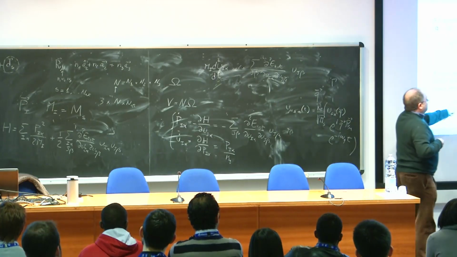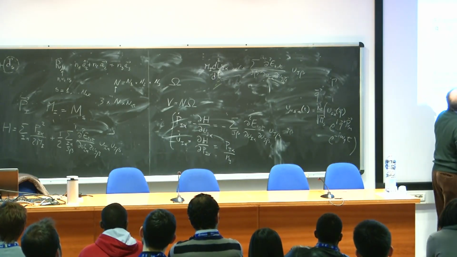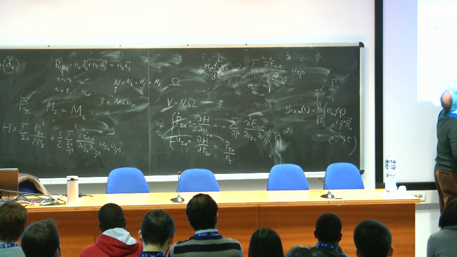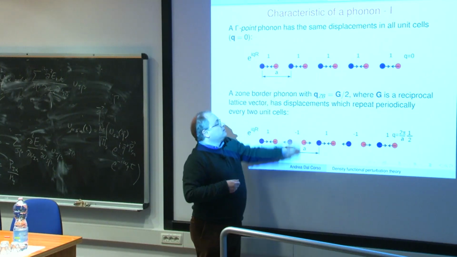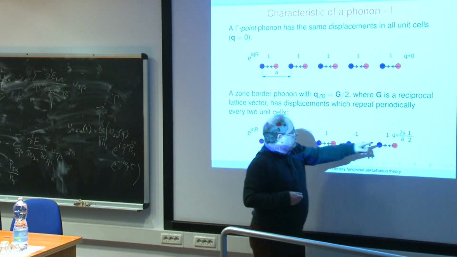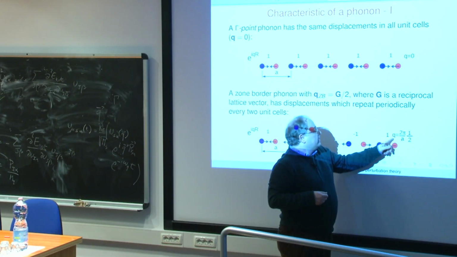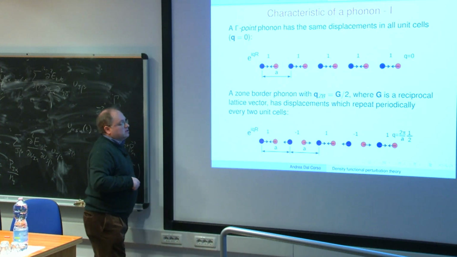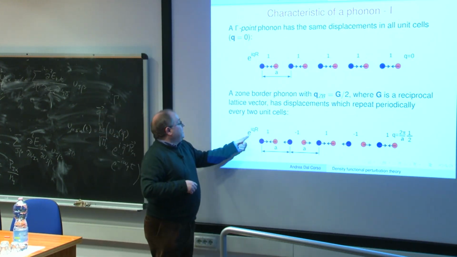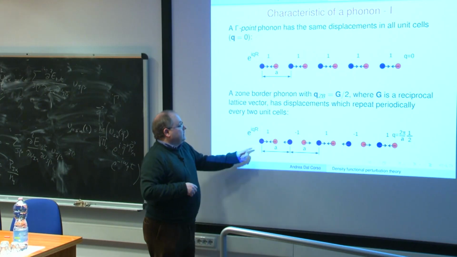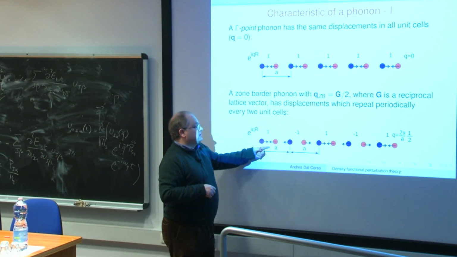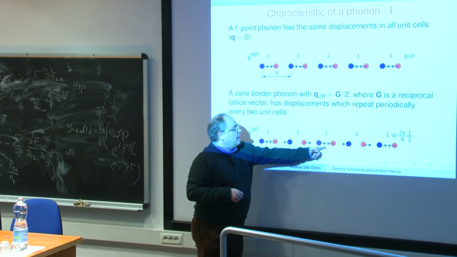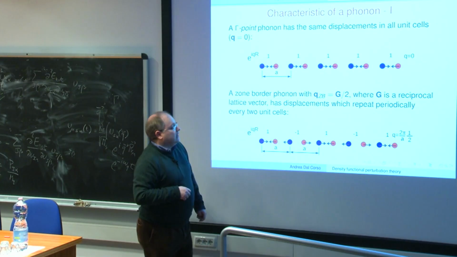The reciprocal lattice vector of this lattice that has periodicity A is 2 pi over A. If we take a Q that is at 1/2 of 2 pi over A, that is on the border of the Brillouin zone, then you see that this phase, e to the i Q r, is 1 in the first cell, -1 in the second cell, 1 in the third cell, -1 in the fourth cell, and so on.